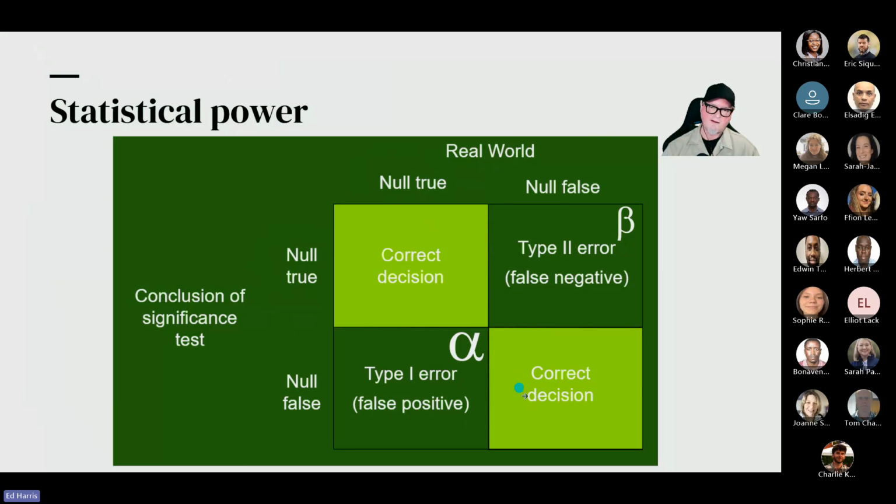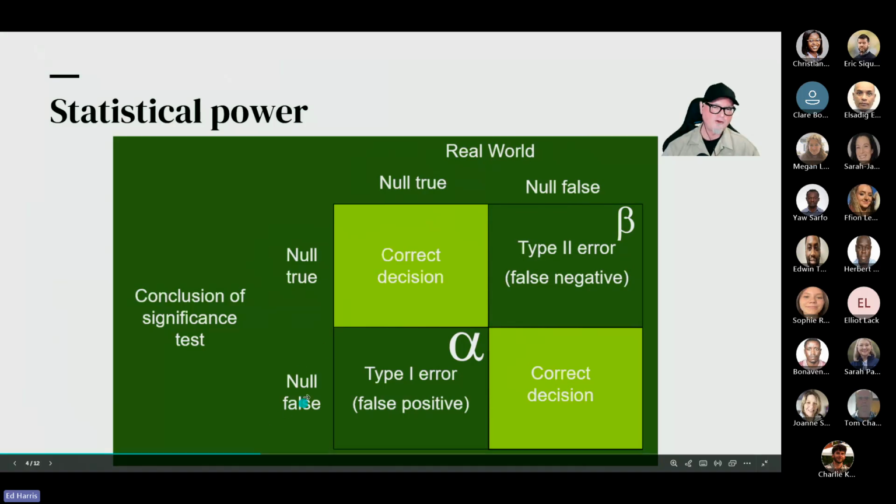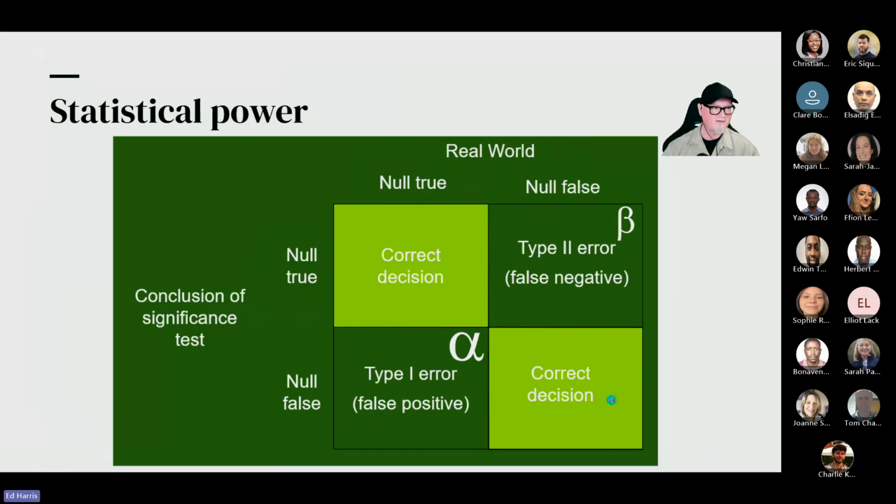Down here in this square, the lower right, in the real world your hypothesis is correct, the null is false, and you conclude the null is false. And so this is the box that everybody does want to be in. This is the preferred box. It's a correct decision. But for today, we're going to talk about these error boxes.